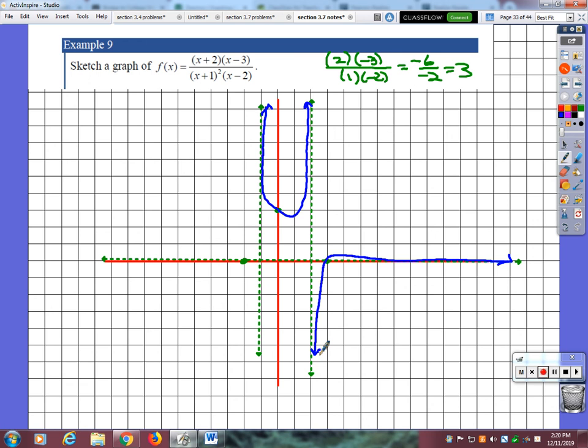Okay? And then the other one is going to go the other way. Good, because this asymptote came from the x plus 1 squared. So since it's squared, they're both going to be the same direction. So I'm going to go through there and then come back to it. And so my graph looks roughly like that.